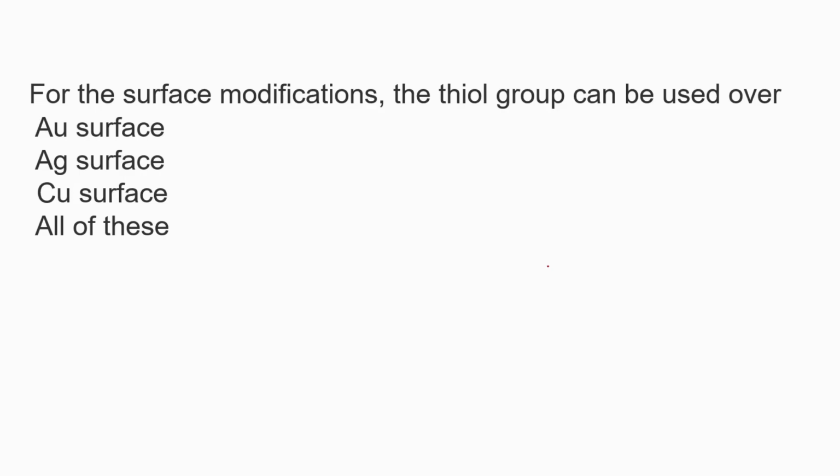The correct answer here would be all of these. So gold, silver and copper, all of these react with the thiol groups, the SH groups. So for modifying all of these surfaces, we can use the thiol groups as ligands that can bind with these surfaces.